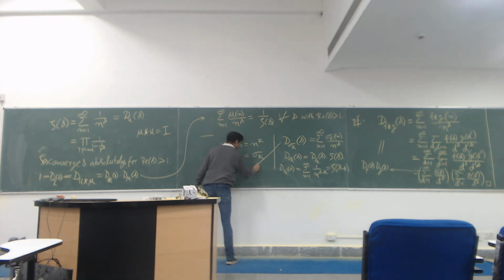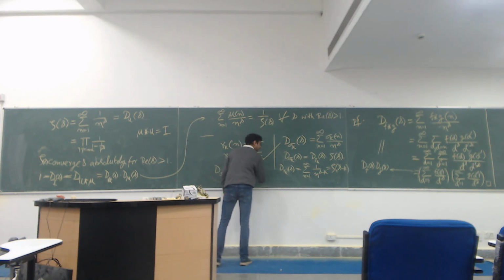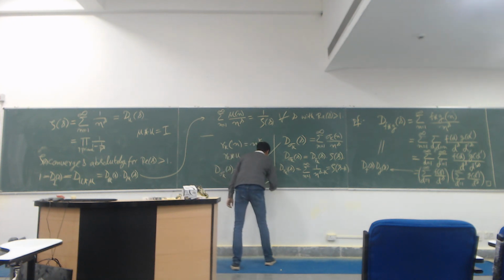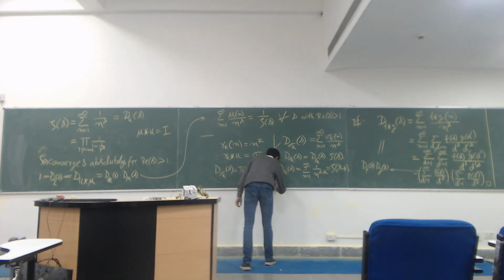D of sigma_k at s is just zeta s times zeta s minus k, for all s with real part of s larger than the maximum of 1 and k plus 1.